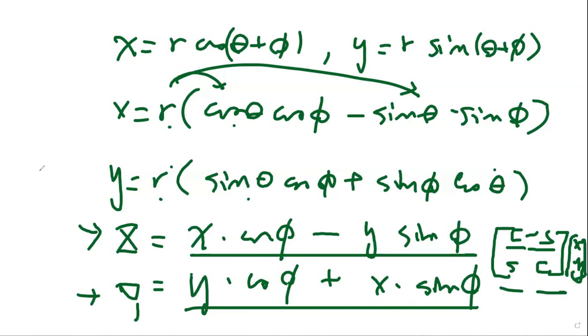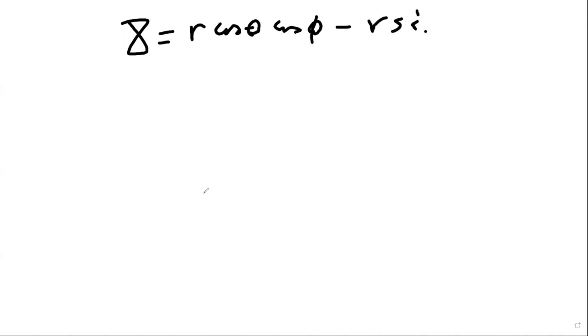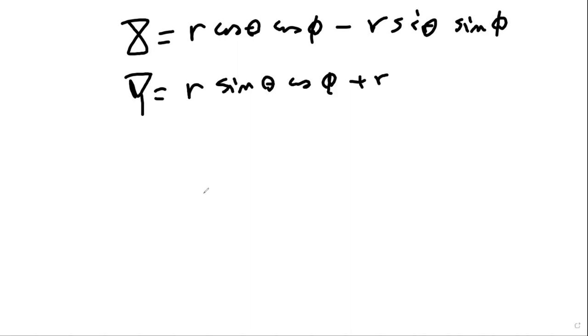Let me write it one more time. Your big X will be equal to r cosine theta cosine phi minus r sine theta sine phi. Your big Y will be equal to r sine theta cosine phi plus r cosine theta sine phi.